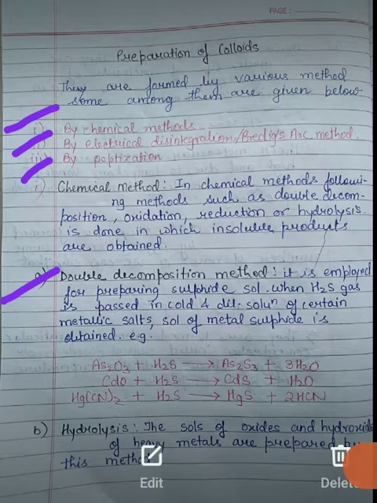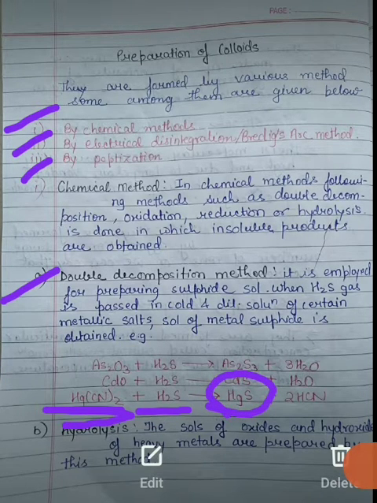Simply see here, this is a metallic salt, Hg(CN)2, mercuric cyanide. When we pass H2S to it, and the solution should be cold and dilute, then we get the metal sulfide, or we can say we get our colloid.